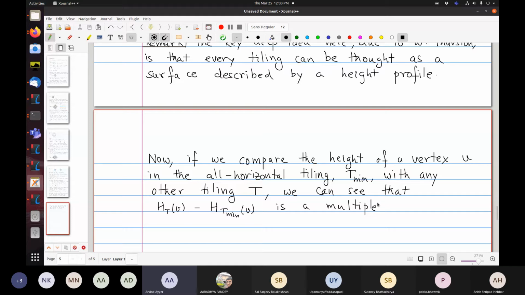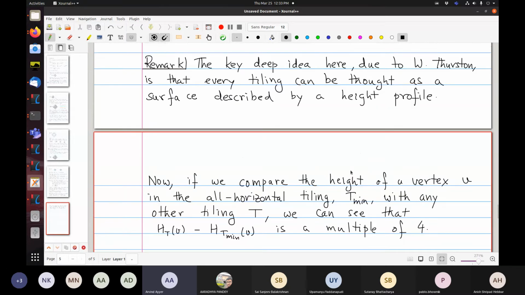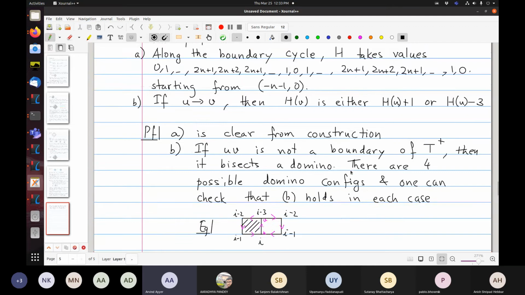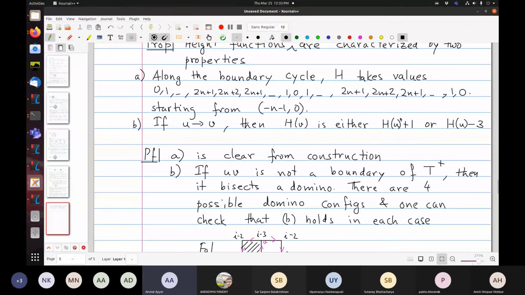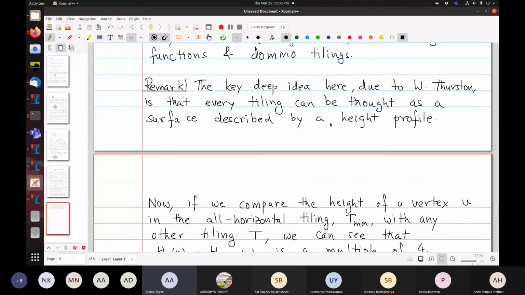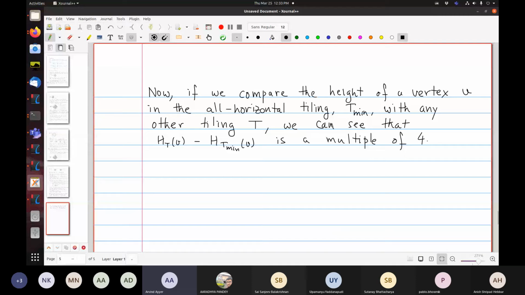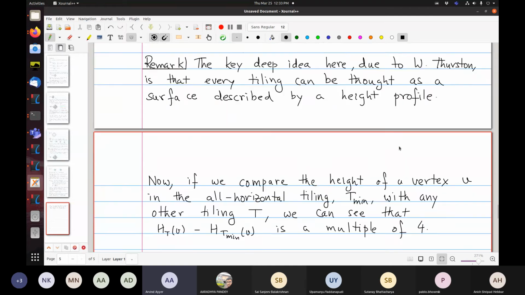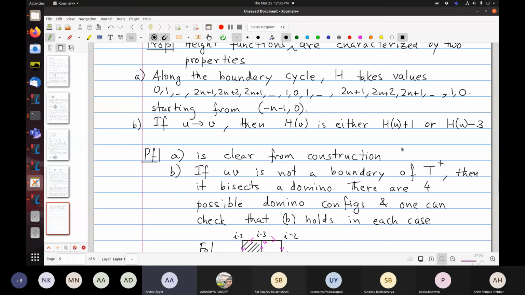It's always a multiple of 4. Why is that? Because of this proposition. You can do this inductively. You get that it's a multiple of 2 for free because of parity issues.